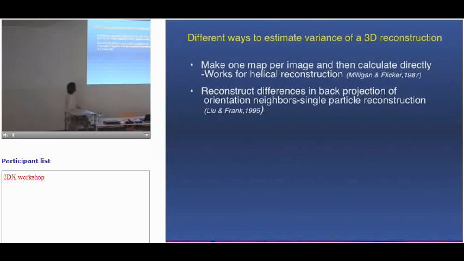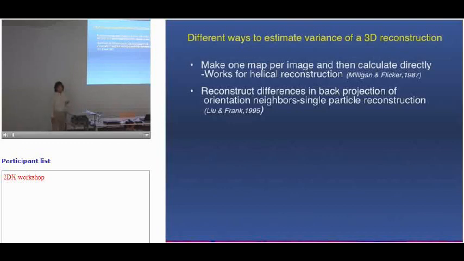The second method that has been tried is to do a reconstruction using the differences between neighboring orientations. This is done in single particle work, where they have many, many different orientations, so their neighbors are very close to each other. When you look at that difference, you can sort of make the assumption that this is just the statistical difference between the two. That was tried as well. The result wasn't very good.